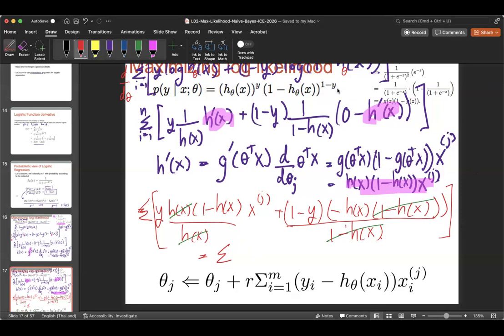Oh, I forgot a term, x_j. So now this is y minus y h(x), plus negative h(x) plus y h(x), multiplied by x_j.